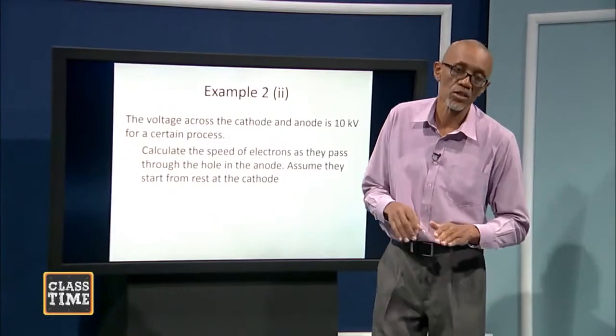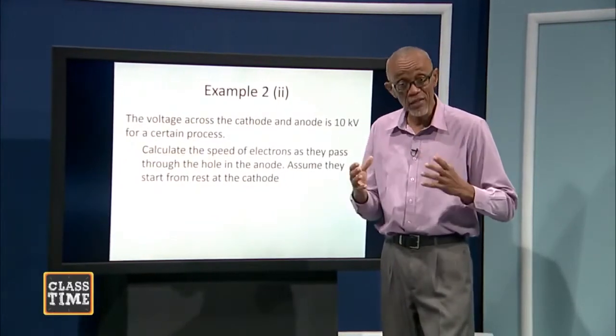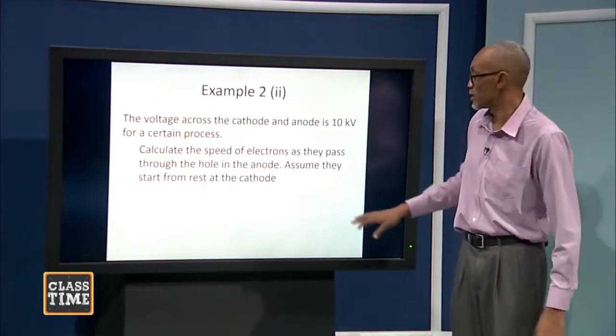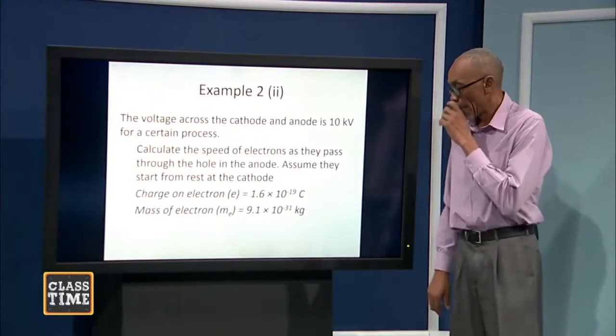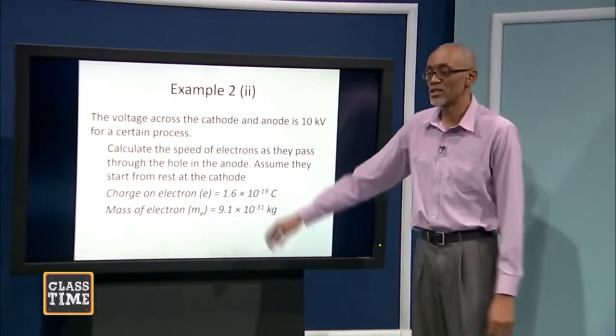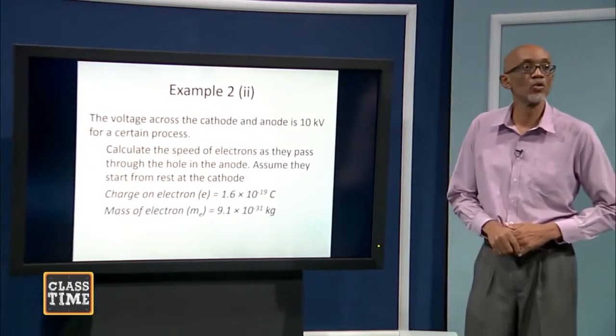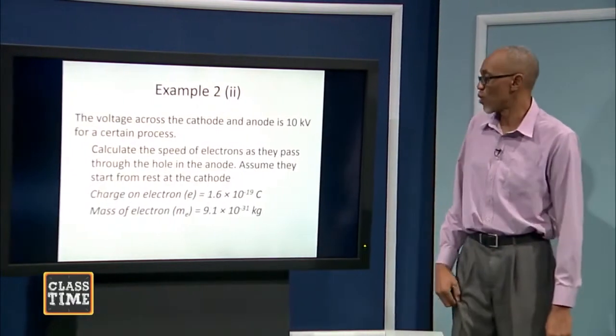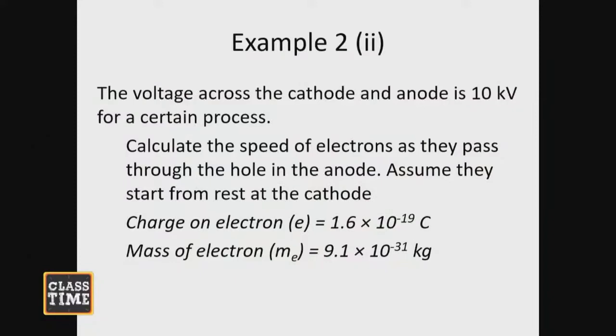We wouldn't get too much into that, but when we heat things, electrons escape from the surface. That's basically what it is. All right. And we'd give you a value for the charge on an electron, which is 1.6 by 10 to the negative 19 coulombs, and the mass of an electron, which is 9.1 by 10 to the negative 31 kilograms. All right?